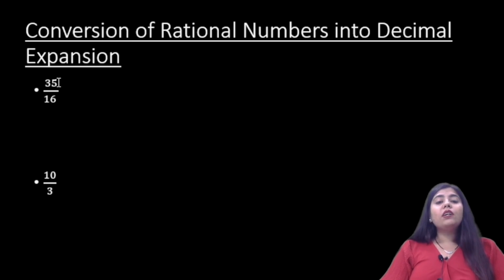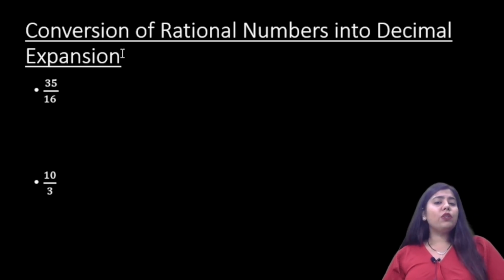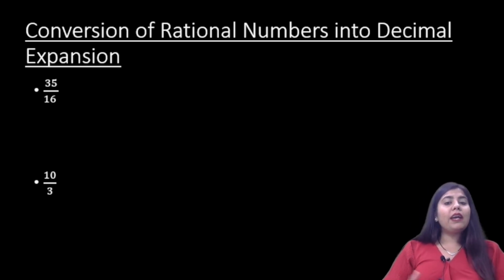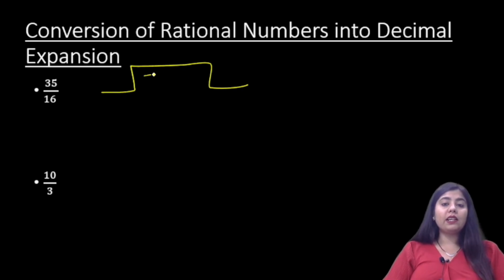As we have 35 upon 16, we know about the long division method, right? According to the long division method, we just have to divide the numerator by the denominator. Here, see the first example, 35 upon 16. In this also, we have to just divide 35 by 16.